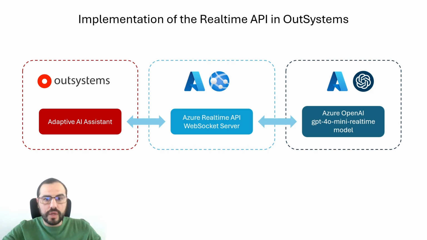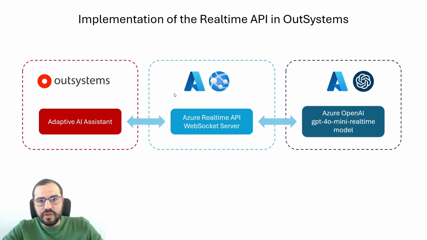So with this Socket.io, what I did was I created this middle server that has a connection with both ways.